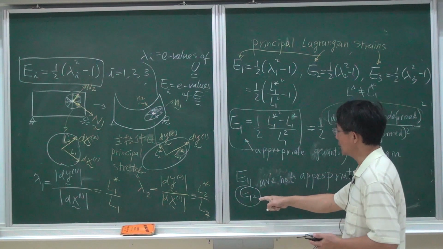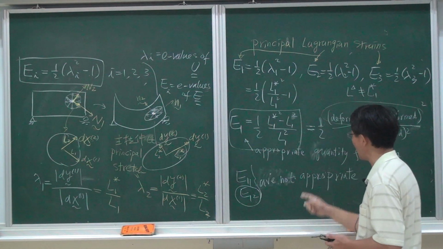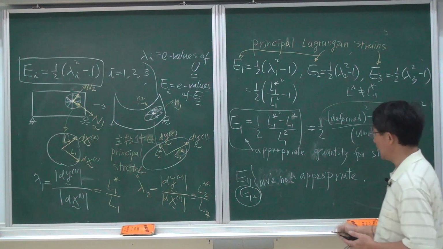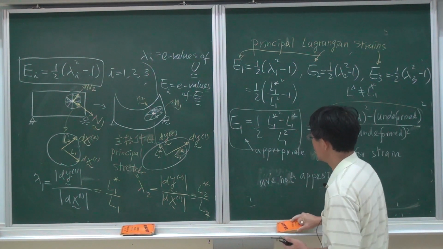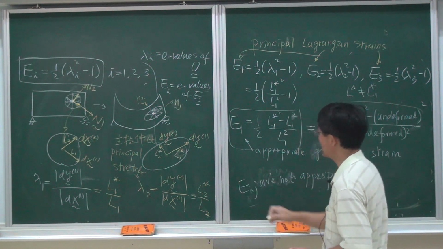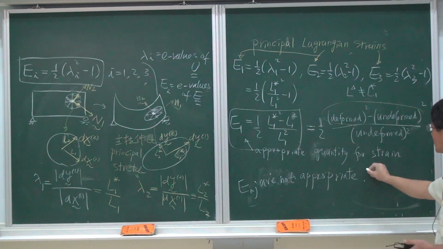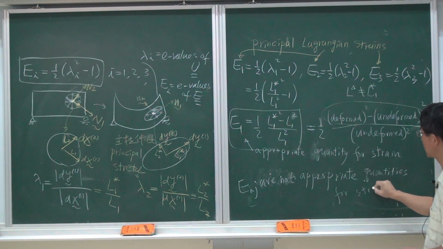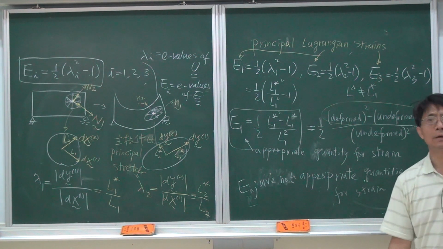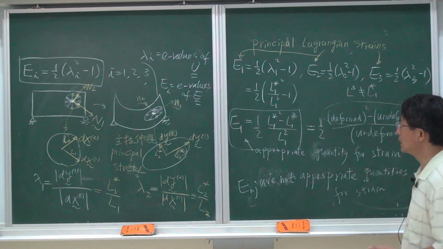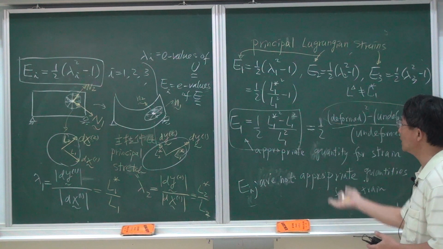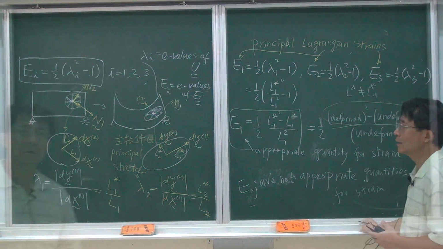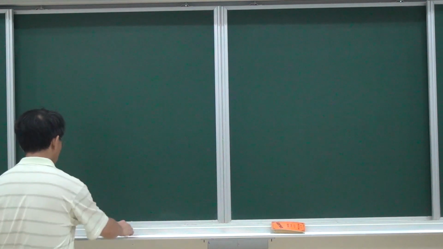So I want to focus here to say that E12 and E11 altogether are not appropriate. No matter how, as a fact, the components Eij are not appropriate quantities for strain. The components of the matrix cannot be used directly; you have to compute its eigenvalues first to get the proper strain.